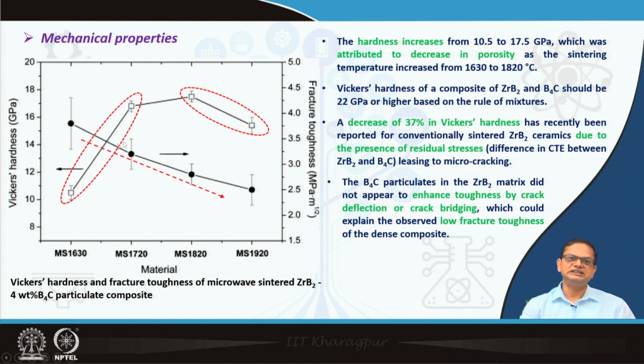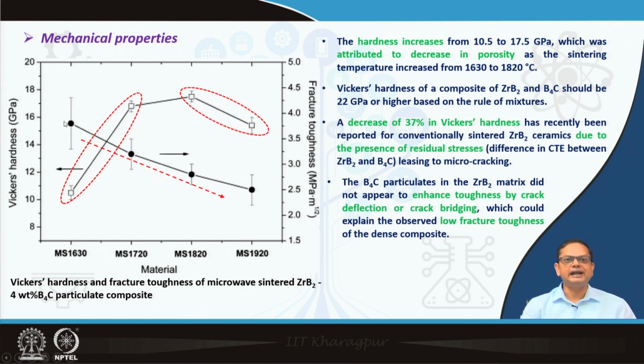So, initially hardness increases, and that is because of better densification and restriction in grain growth. Then the hardness is decreasing, and that is happening because of increasing grain growth. Along with that, there will be formation of micro cracks, which would actually hamper the mechanical properties, the strength and hardness. All right. I hope you understand this point.